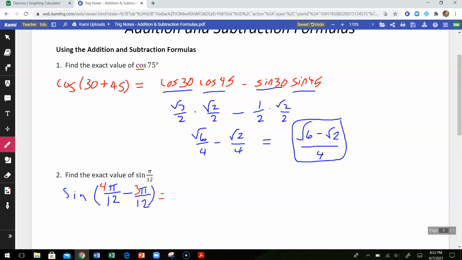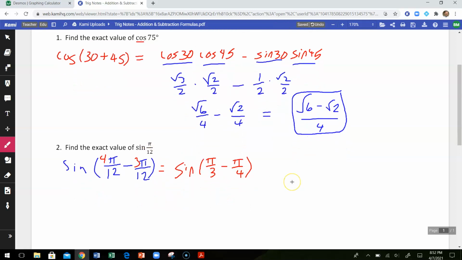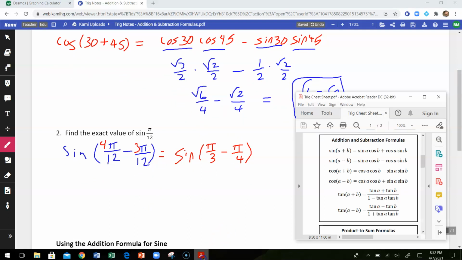So I'm going to do 4 and 3. Okay, and then the idea is that will then reduce 4 over 12. That reduces to 1/3. And 3 over 12 reduces to 1/4. So pi over 3 minus pi over 4 is pi over 12. Well, now I can go to my addition subtraction formulas, and I have sine of a difference.